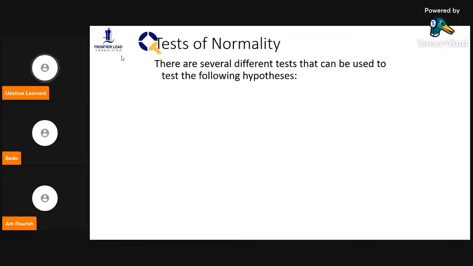The first thing that you will have to do is to state your hypothesis. Remember I mentioned that we have two types of hypothesis. The first one is the null hypothesis, and in this case the null hypothesis is that the data distribution is normal. The alternate hypothesis is that the data distribution is not normal.